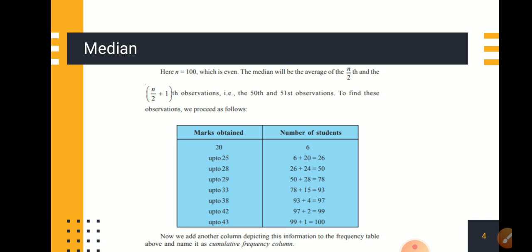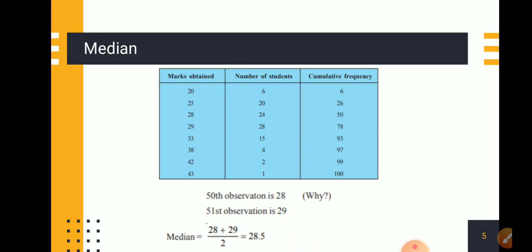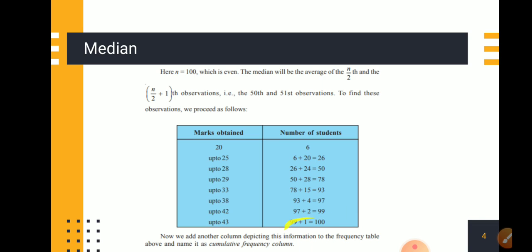And one very important thing to remember, when the total number of observations is an even number, as in this example, which is 100, to take out the median, we have to take n by 2 and n by 2 plus 1. And the observation of these two would give you the median once you take out the average of these.